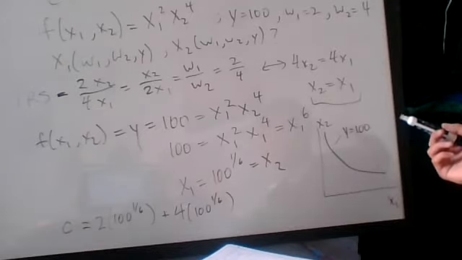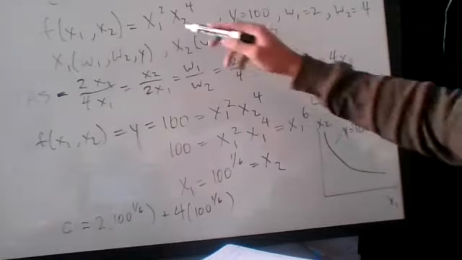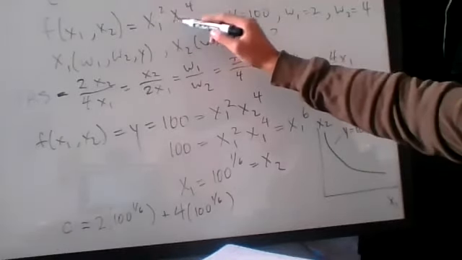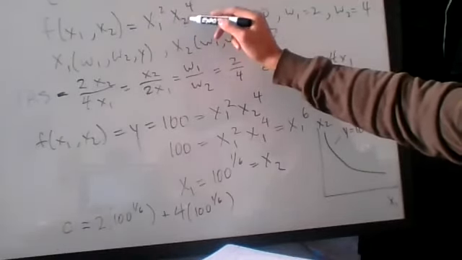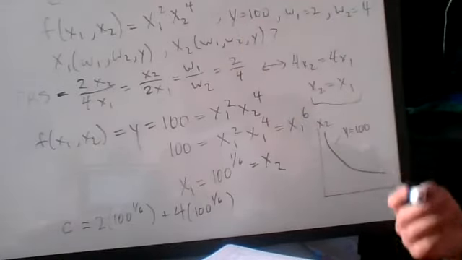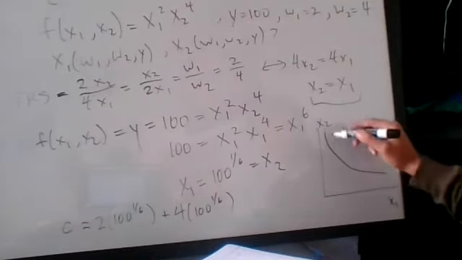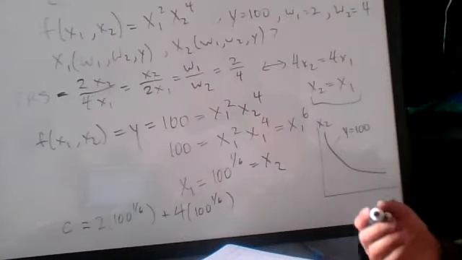For example, 10 units of x1 and 1 unit of x2 would equal 100. So that's kind of the thinking, and this stays here whatever the circumstances are.